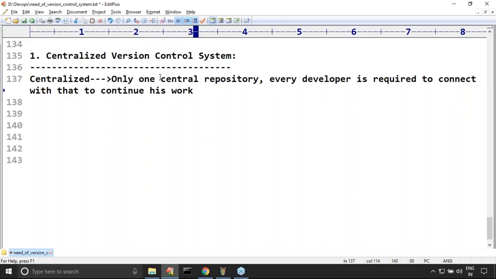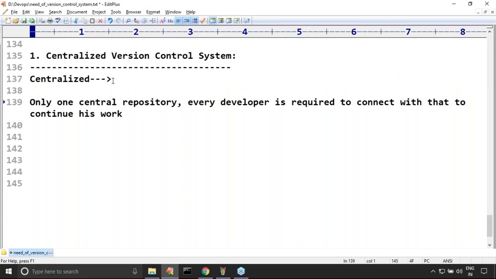Remember this. So in the centralized version control system, how many repositories are there? Only one. Even if 100 or 1,000 developers are there, only one central repository will be there. Every developer is required to connect with it to continue his work. Remember this very carefully.